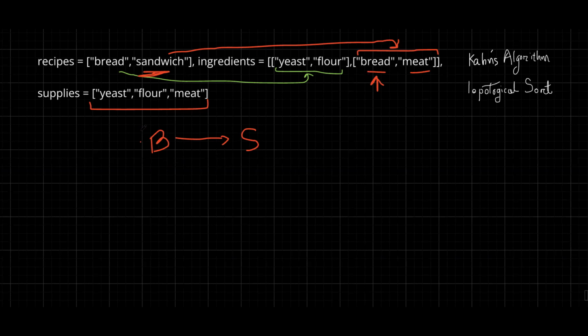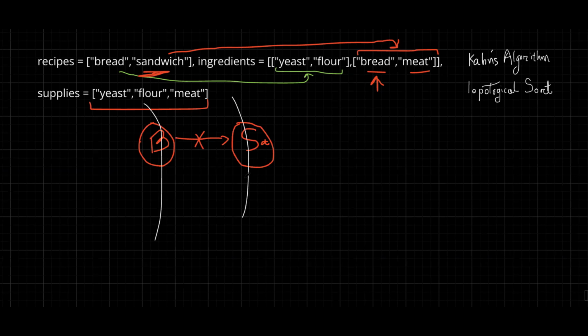So here, the recipe bread has in-degree 0. So we will visit the recipe bread and discard the outgoing edge from bread. Now we have the recipe sandwich, which has in-degree 0. So we will visit the recipe sandwich. So here we are basically using a level by level order search in Kahn's algorithm.